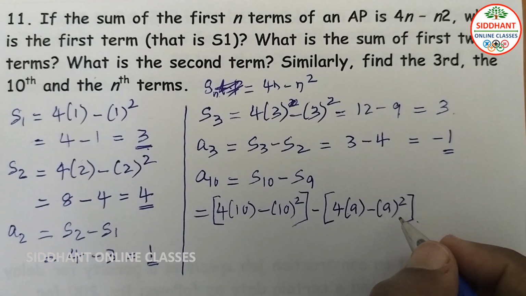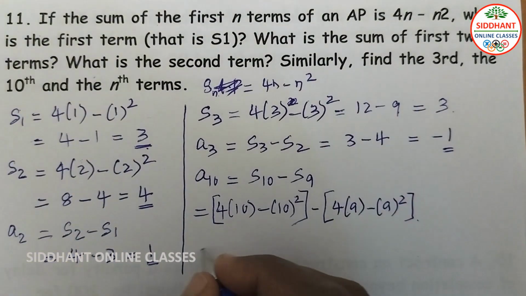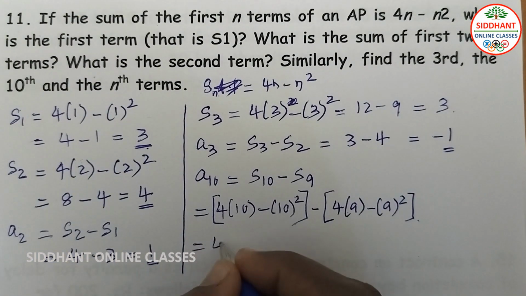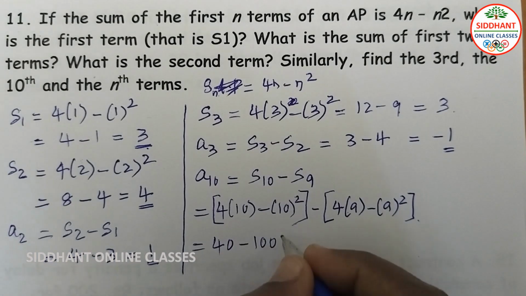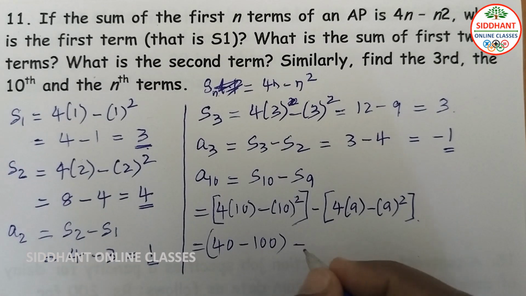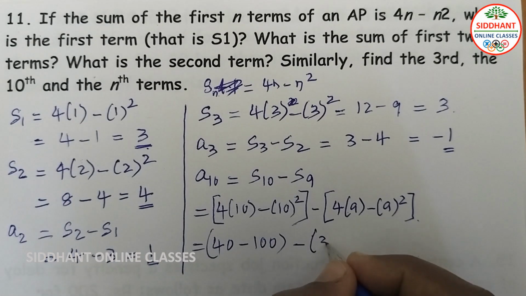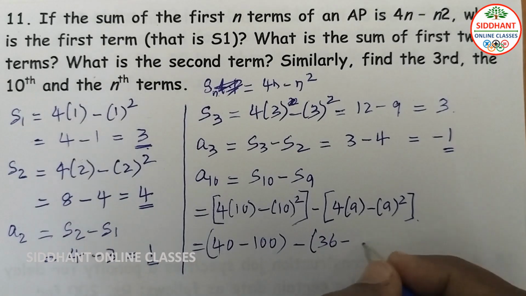So this will be S9. So when you simplify here, 40 minus 10 square, 100, minus 4 into 9, which will be 36, minus 9 square, which will be 81 here.